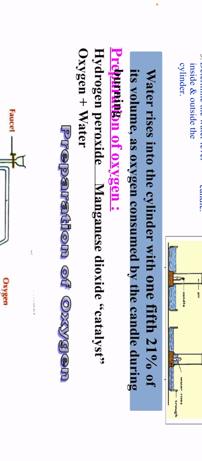So today we studied that the atmosphere is the layer that surrounds the earth and contains a mixture of gases: nitrogen, oxygen, carbon dioxide, water vapor, and other gases, and we know the percentage of each one. We studied the importance of the atmosphere: to protect the earth from harmful ultraviolet radiation coming from outer space and to adjust the temperature of the earth.